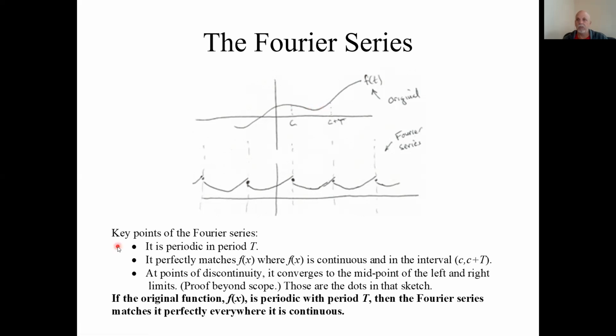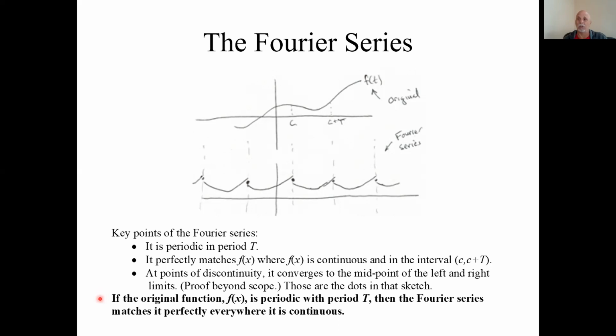So some key features of the Fourier series. Periodic, period capital T. It's going to perfectly match the original function everywhere the original function is continuous and in that interval. At points of discontinuity, it converges to the midpoint of the left and right limits.